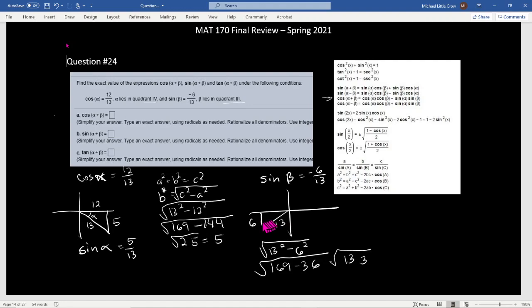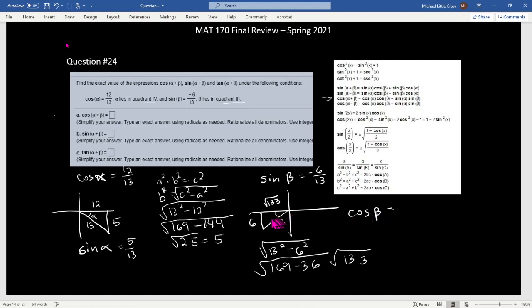Okay, I just didn't want to accept it. So what's our cosine of beta going to be equal to?